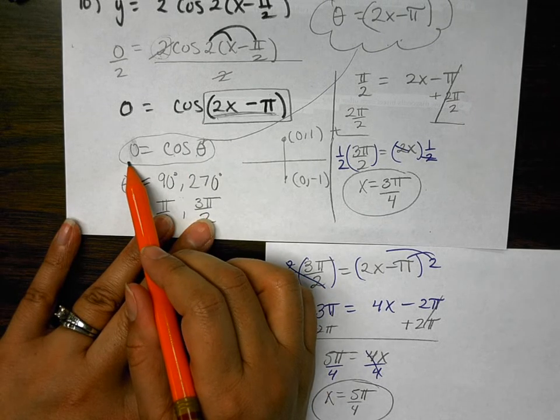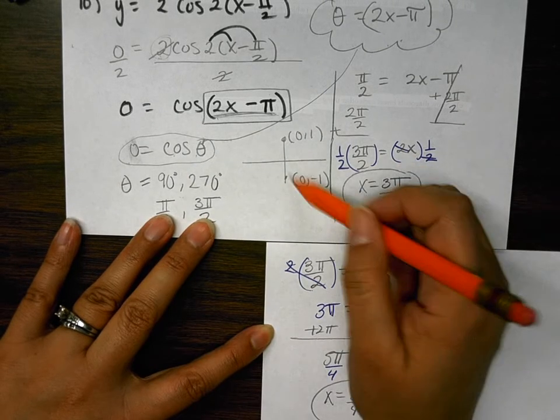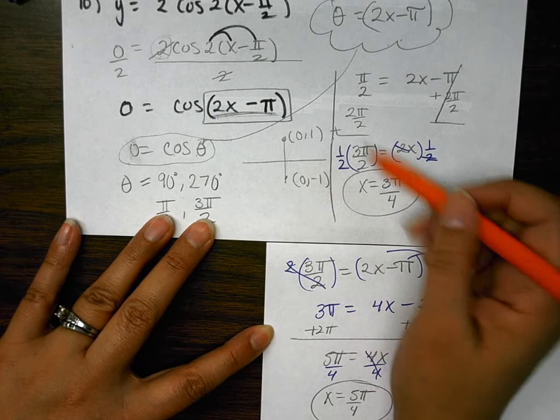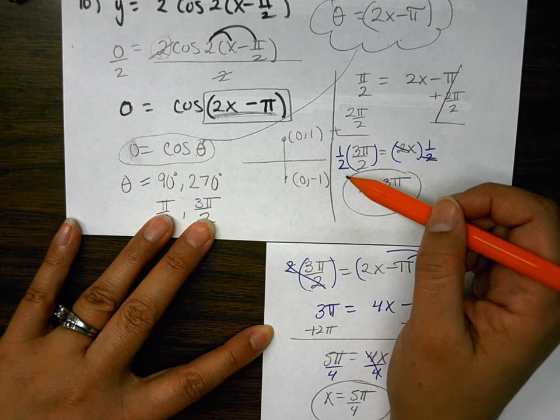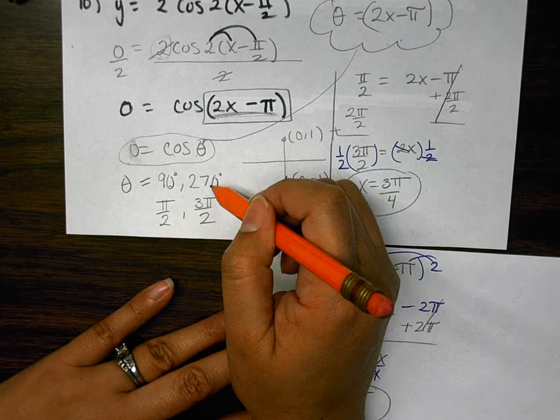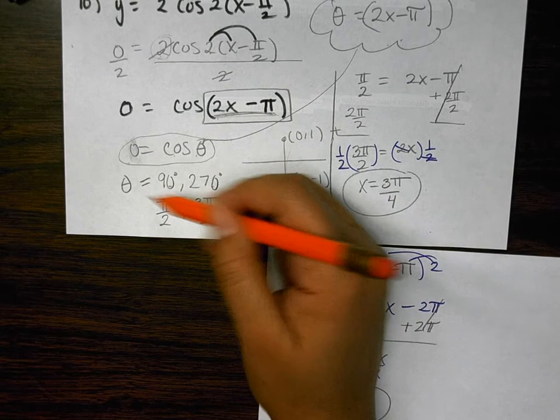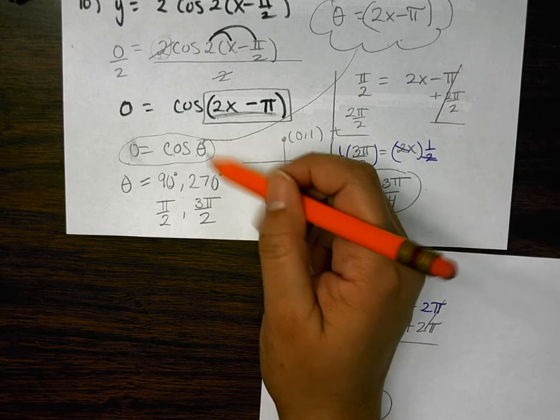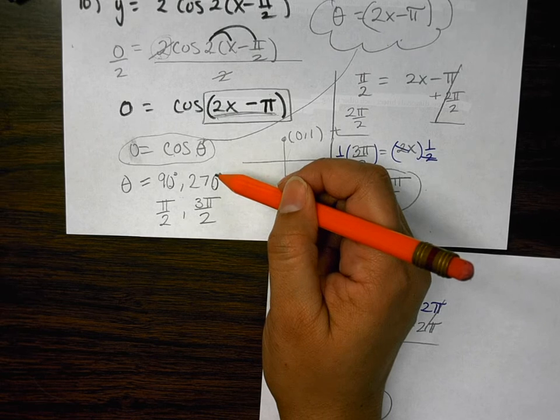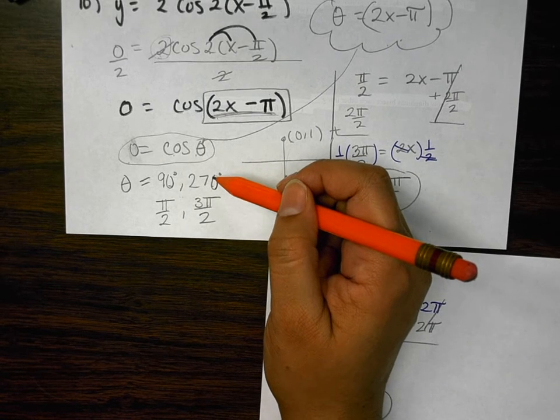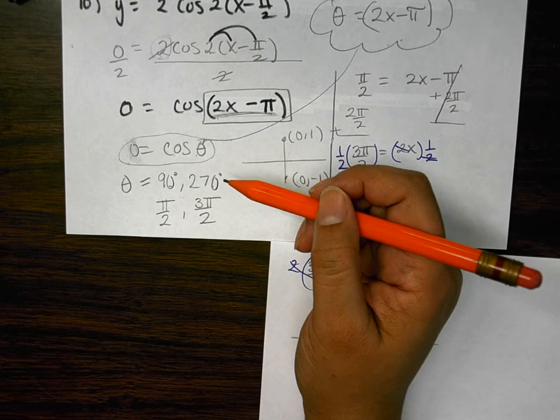Because if cosine of an angle is 0, does that happen in multiple places? Could you go around multiple times and get 0? Over and over and over. So within one period, it's just 90 and 270. So that's how you restrict yourself, in the get-go. When you're working the backwards piece, ask yourself, in one period.